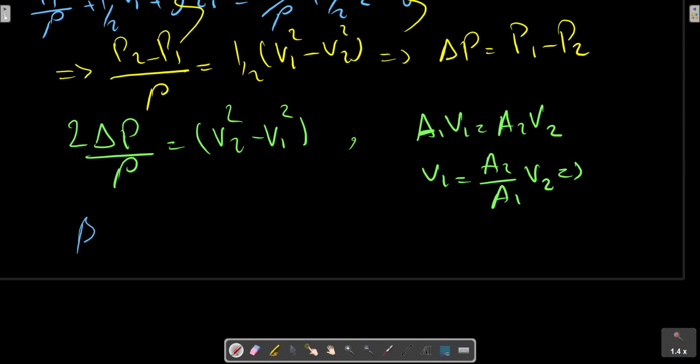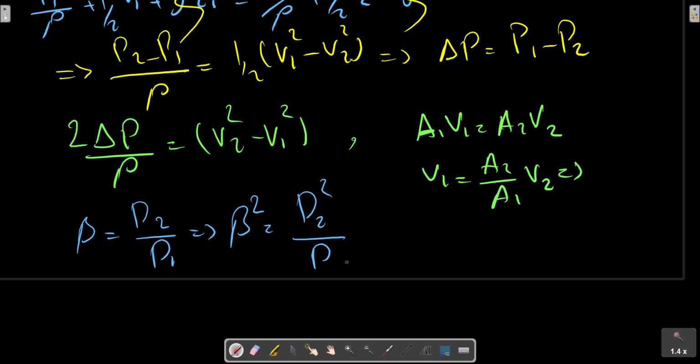for example, if we define beta equals to D2 on D1, we can write V1 equals to beta squared V2.